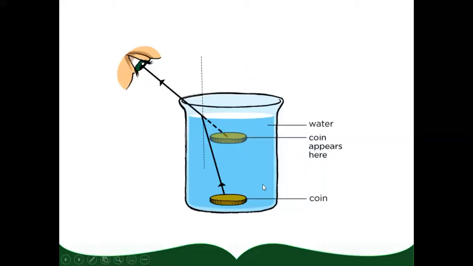This is also an example. If you have a coin at the bottom of a beaker, it will reflect light. Take note, we see things because things reflect light. The reflected light coming from the coin will reach the boundary between water and air. Since there is a change in the optical density between water and air, there will be a change in the speed of light.